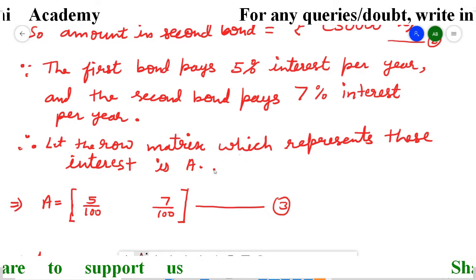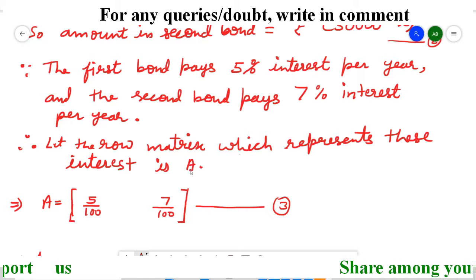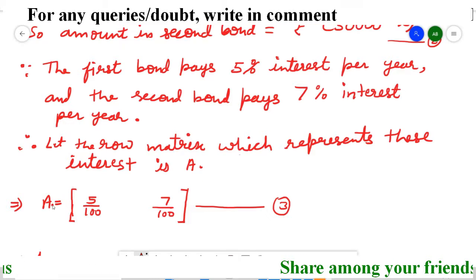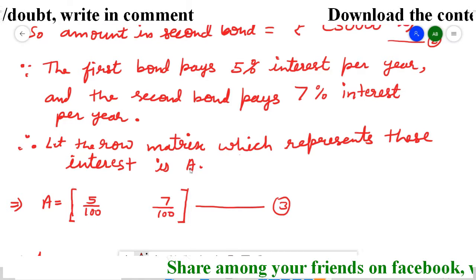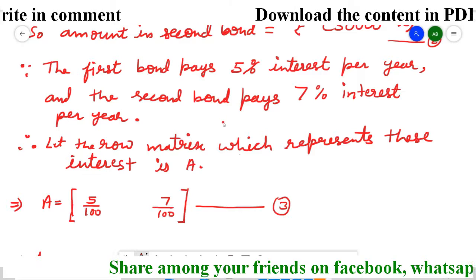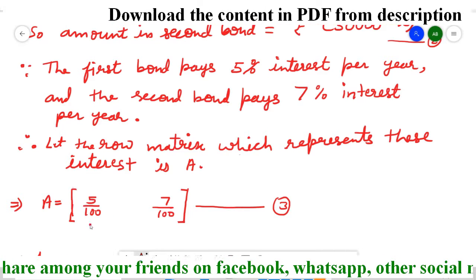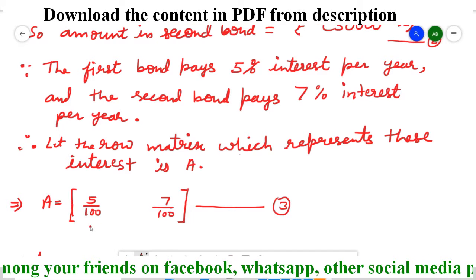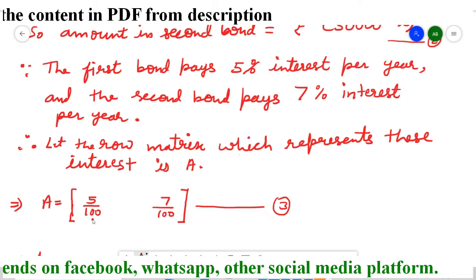Mathematically, if you want to convert to matrix form, we have to name that matrix with some alphabet, so I took it as matrix A. This matrix A gives us the information of the interest paid on the first bond and second bond respectively. I selected it as a row matrix, but if you want you can select it as a column matrix also. It depends on you.